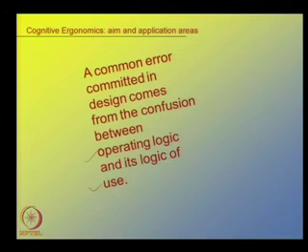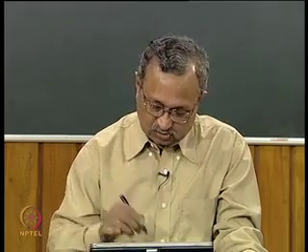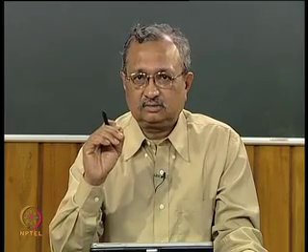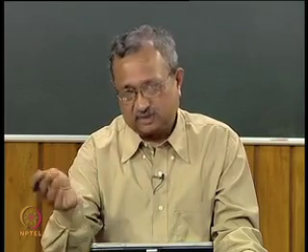If we can match the logic of use and operating logic, then there will be less error while using the product or that system. So, this interaction linking between these two is the issue of cognitive ergonomics, that in other classes we will see its various aspects.